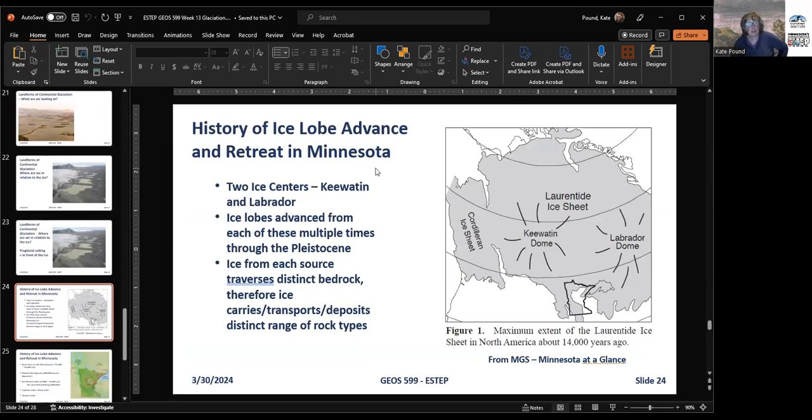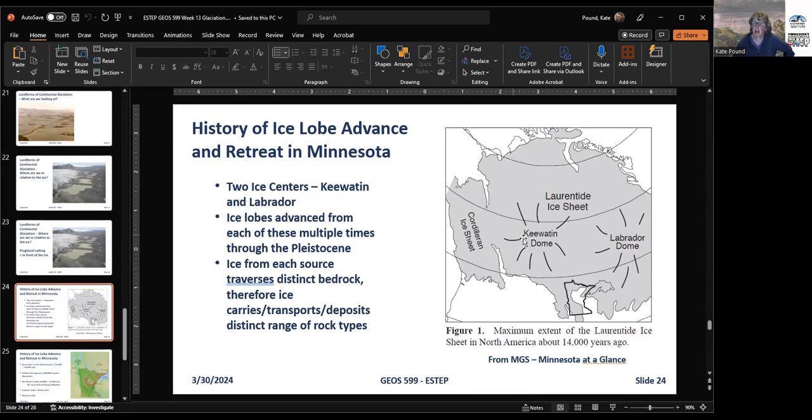Okay, so now let's focus on the history of ice sheet advance and retreat in Minnesota. So if we look over to the right at this image taken from the MGS Minnesota at a Glance leaflet, the gray area represents the Laurentide ice sheet, and then over to the west in British Columbia into Alaska, we have the Cordilleran ice sheet. But what's important for us is that there were two ice centers, the Labrador Dome and the Keewatin Dome.